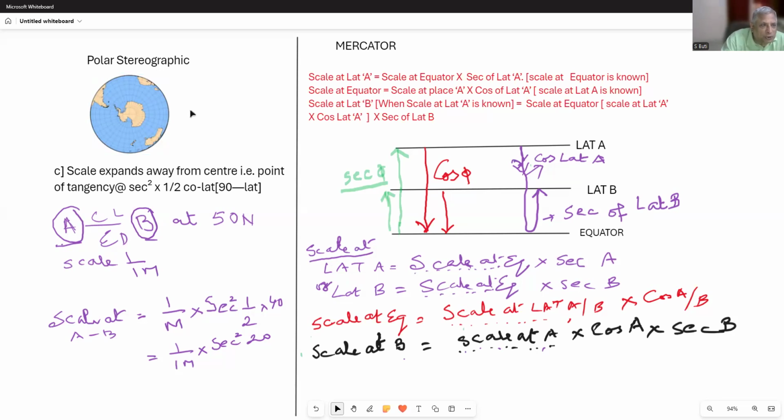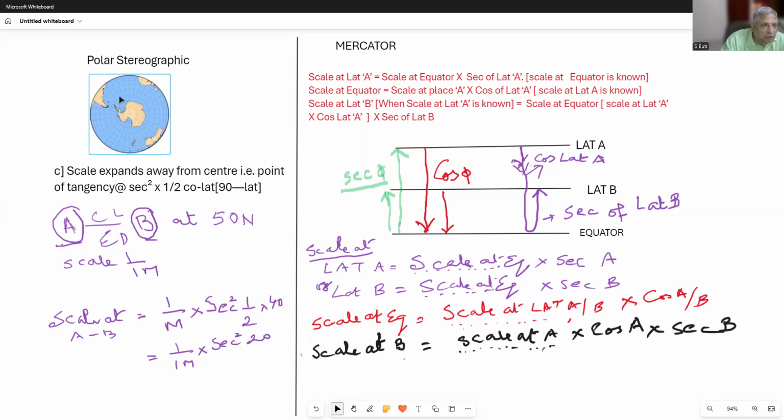What is a Polar Stereographic? Here in the center is the pole. Let's say it is the North Pole, and the source of light is at the other end of the globe, then this is a flat sheet of paper placed on the North Pole with this point touching the North Pole. You will get a projection like this. This is called Polar Stereographic.